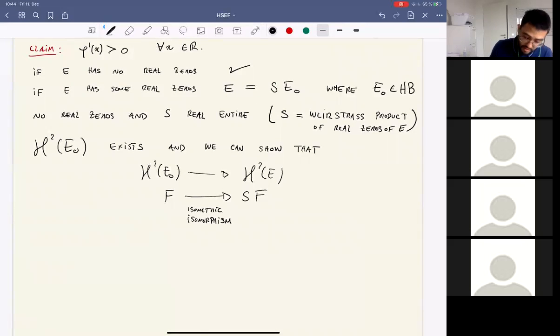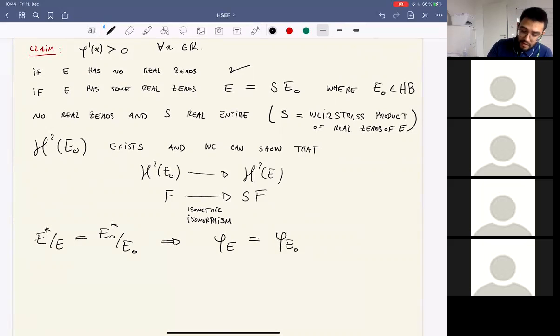Well, and then in particular, we see that the function E star over E is of course equal to E naught star over E naught, because S is real entire. So therefore, this implies that the phase function associated with E equals the phase function associated with E naught.